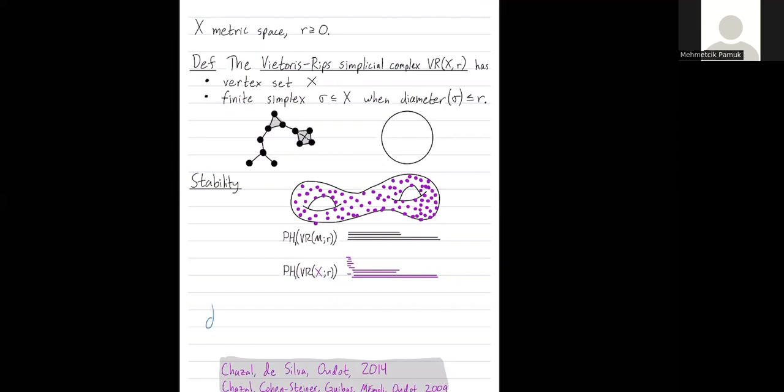Yes. So let me make this stability bound more precise. There's a notion of distance between persistent homology called the bottleneck distance. It's a notion of distance between the barcodes, okay?